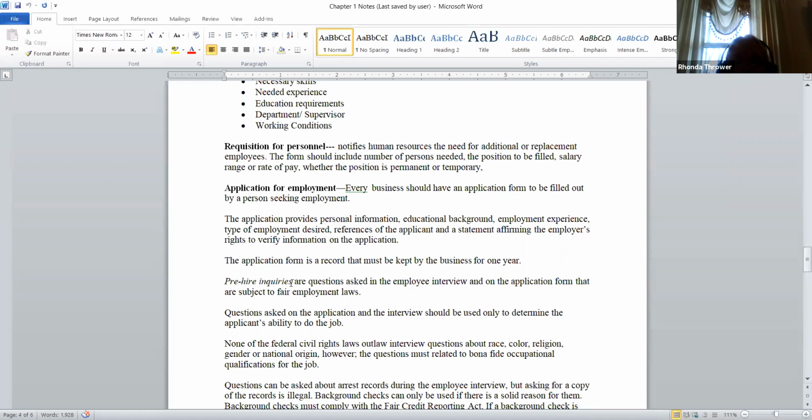Now, pre-hire inquiries are subject to the fair employment laws that we talked about earlier. Questions on the application and in the interview should be only used to determine the applicant's ability to do the job.